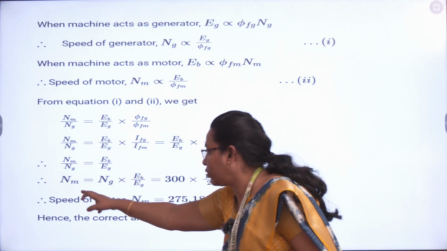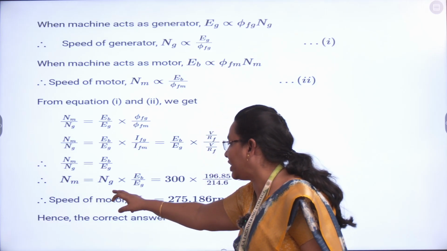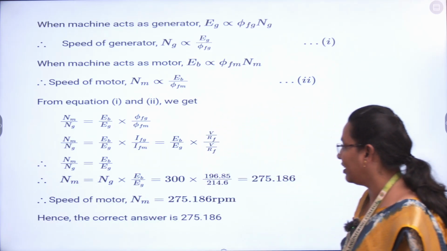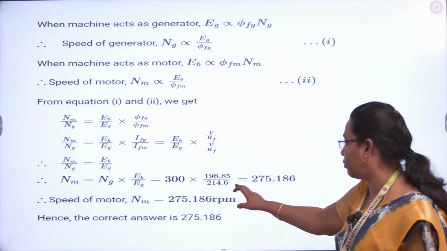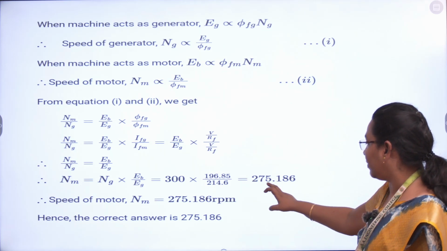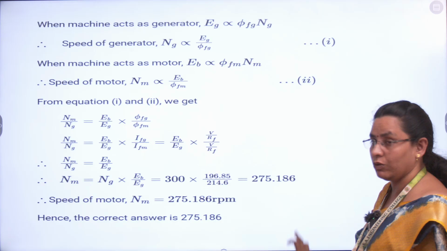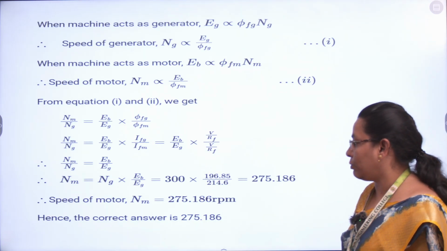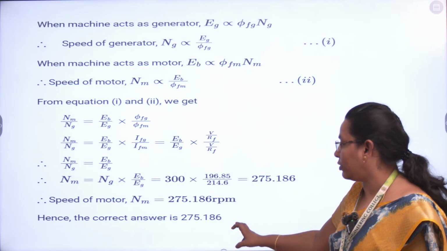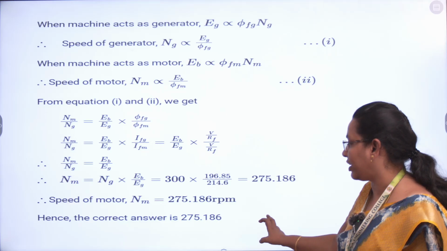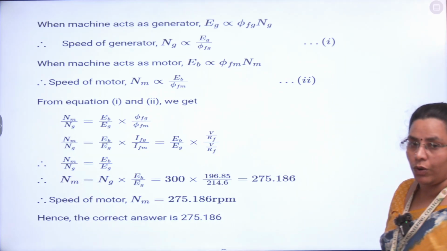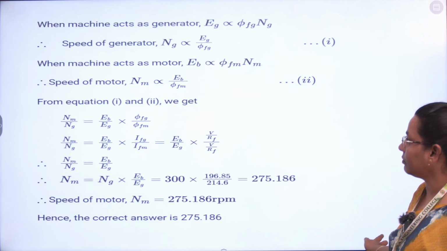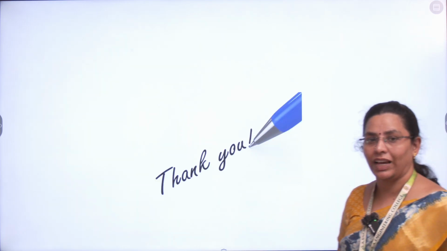I need only the motor speed, so motor speed equal to Ng into EB by EG. So 300 into 196.85 divided by 214.6. Finally, we are getting 275.186. So the speed of the motor equals 275.186 RPM. So the answer is 275.186. So thank you all.